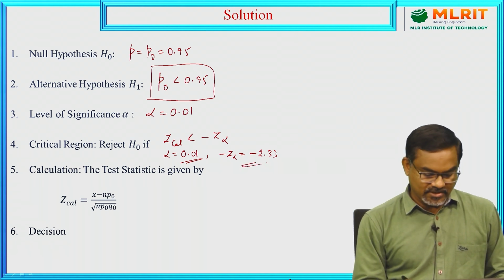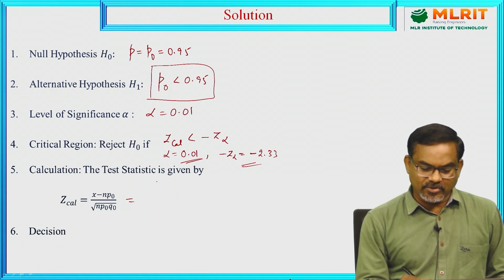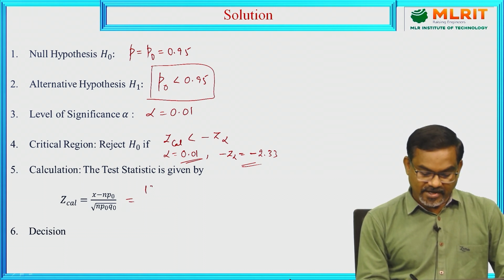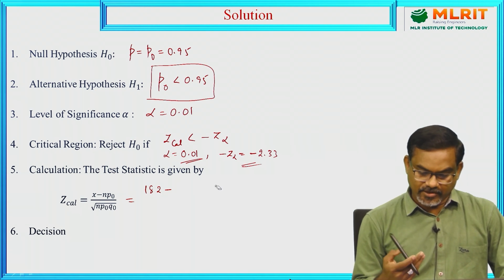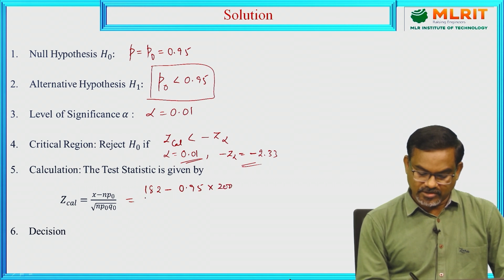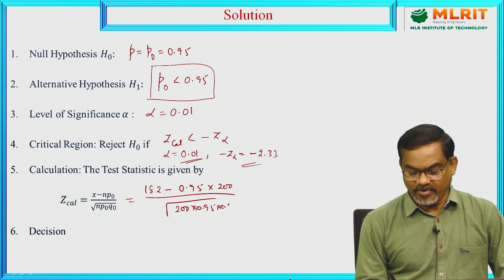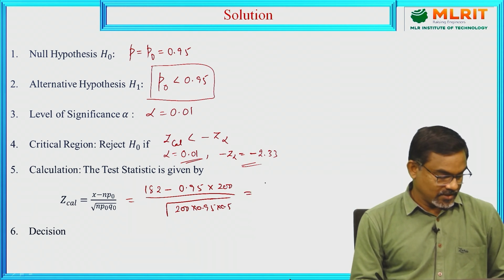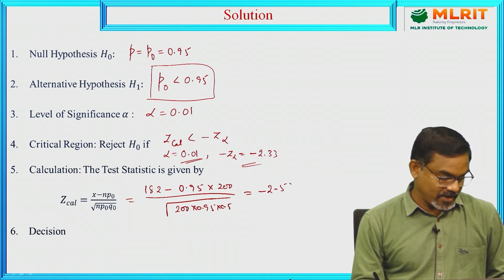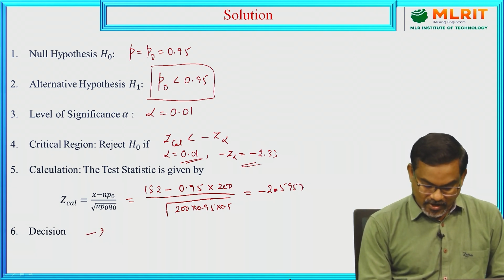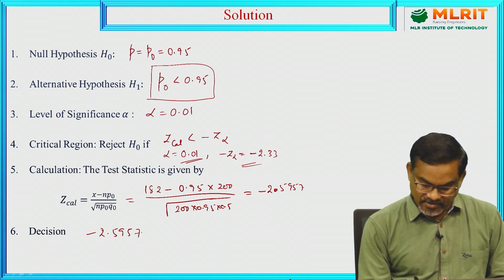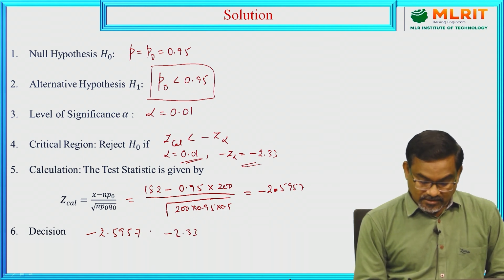Let us substitute the values: x is 182, minus 200 into 0.95, divided by the square root of 200 into 0.95 into 0.05. So, this gives the value minus 2.5957. Now, if you compare these two values, minus 2.5957 and minus 2.33, clearly it is less than.